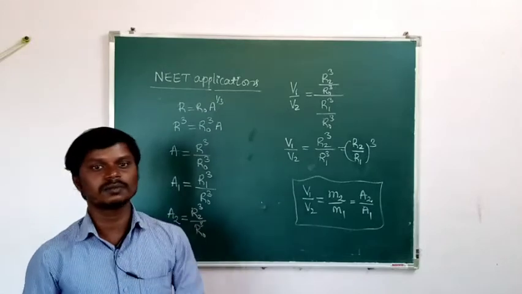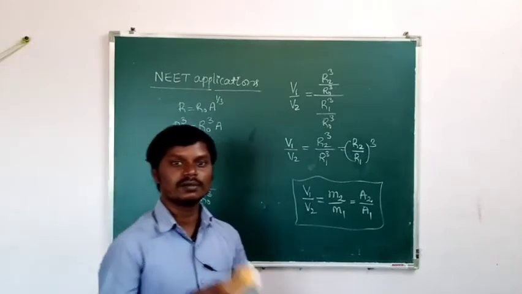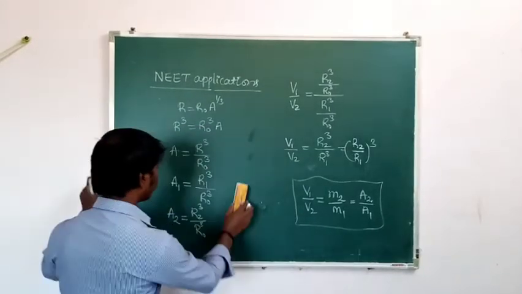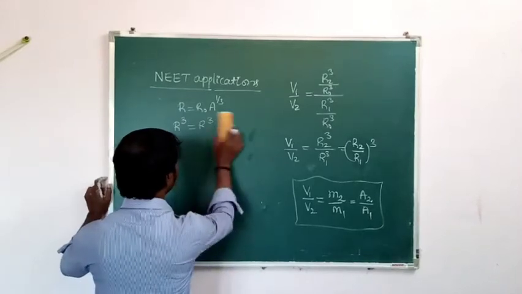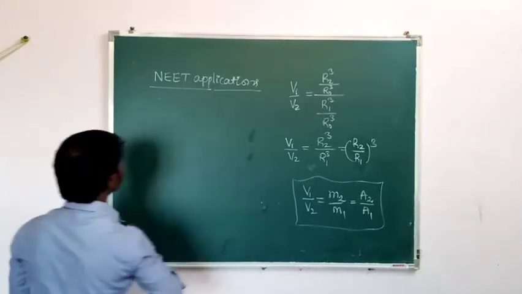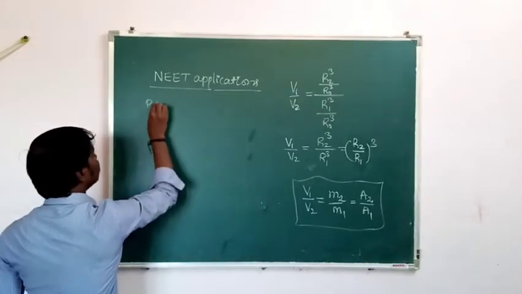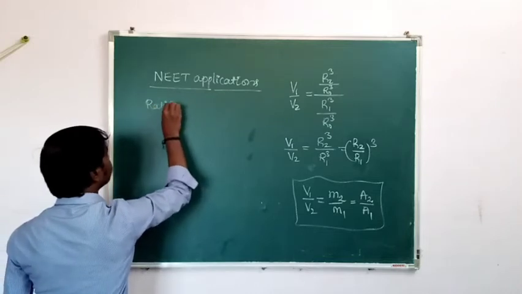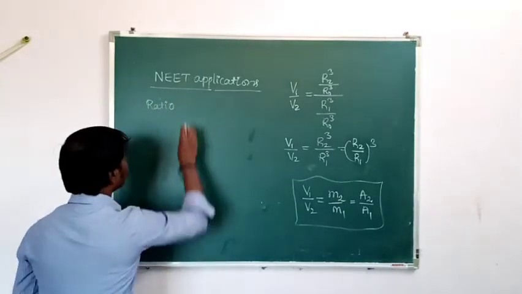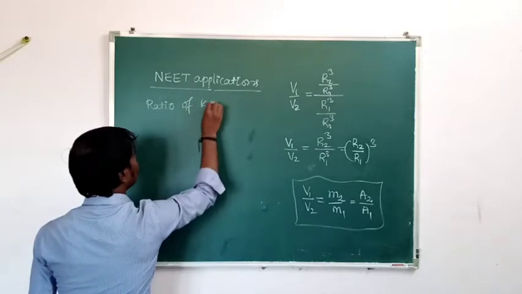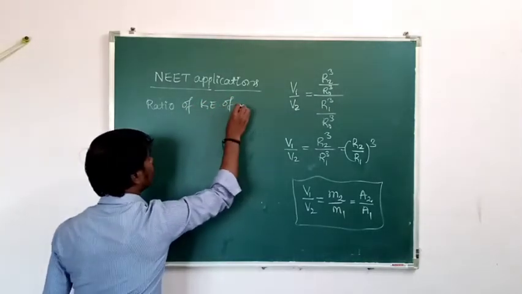Then how to find the ratio of kinetic energies of two lighter nuclei?